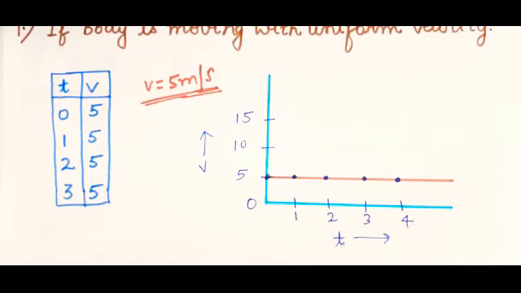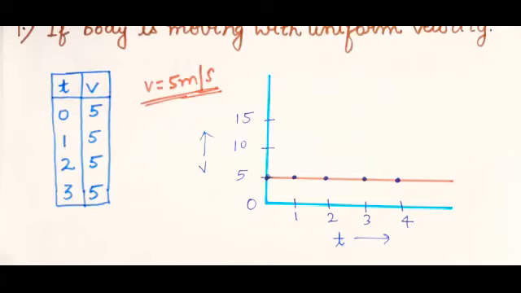Okay. Now let's start plotting. When time is 0, velocity 5. Time 1, velocity 5. Time 2, velocity 5. Time 3, velocity 5. So you will obtain these 3 to 4 points.